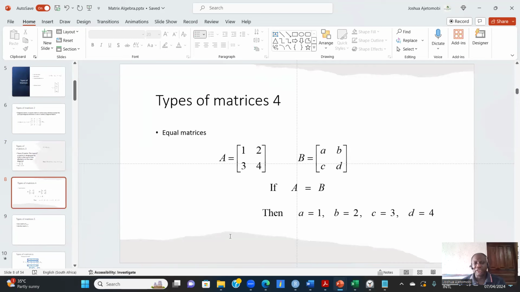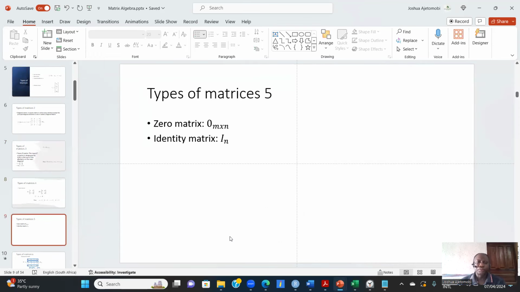If A equals B, then a equals 1, b equals 2, c equals 3, and d equals 4. Zero matrix. For zero matrix, all the elements are 0, whether 2 by 2, 3 by 3, 2 by 7, whichever. All the elements are 0.